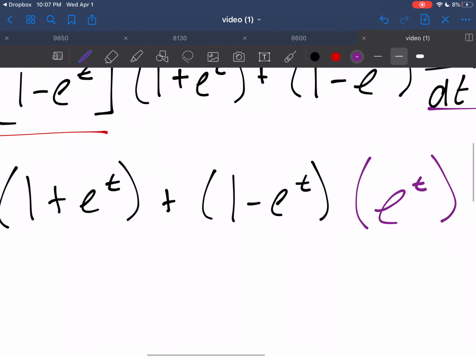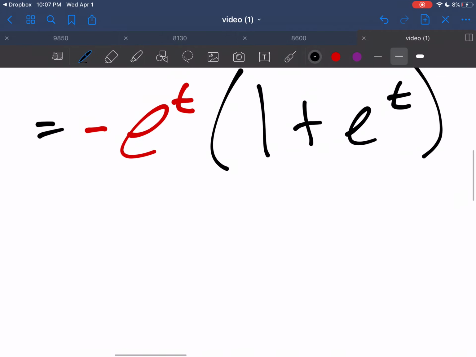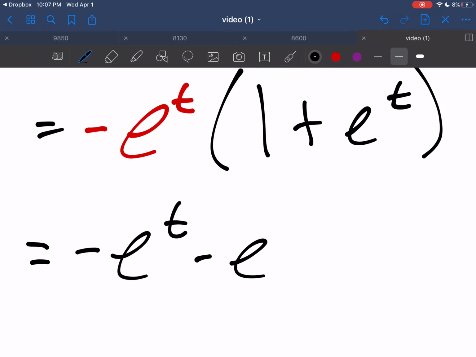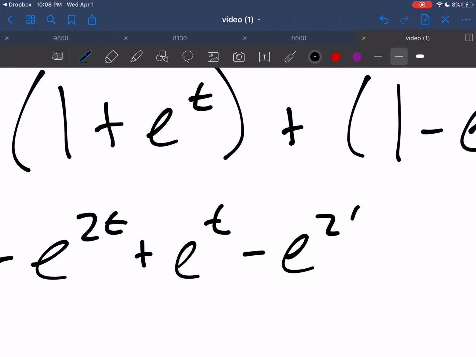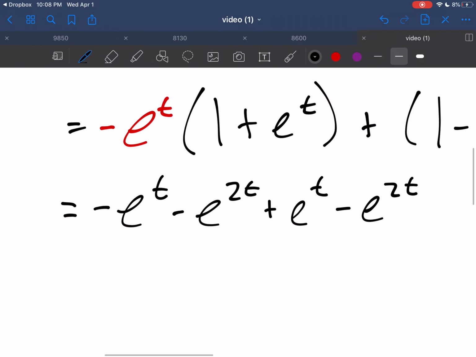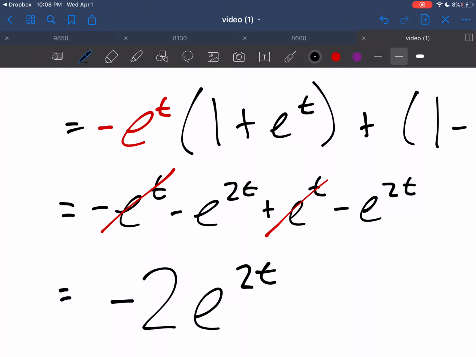So then we can simplify, distribute those e to the t's. So it's negative e to the t minus e to the 2t plus e to the t minus e to the 2t. These two cancel, and we're left with negative 2e to the 2t.